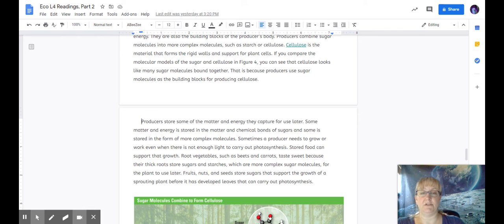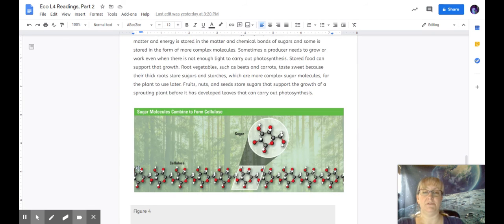Root vegetables, such as beets and carrots, taste sweet because their thick roots store sugars and starches, which are more complex sugar molecules for a plant to use later. Fruits, nuts, and seeds store sugars that support the growth of a sprouting plant before it has developed leaves that can carry out photosynthesis.